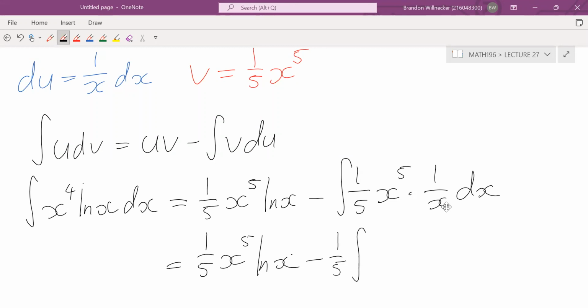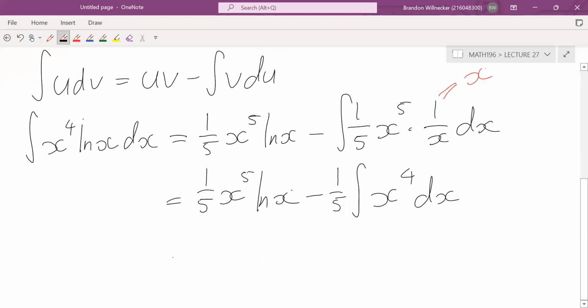We're just taking 1 away from the exponent. So this is the same thing as x to the 4, because remember, 1 over x is just x to the minus 1, so we're subtracting 1 from the exponent, dx. That's easy enough to do.